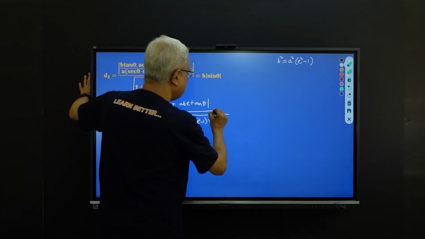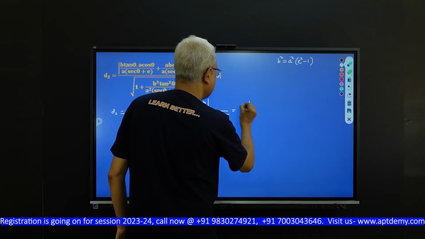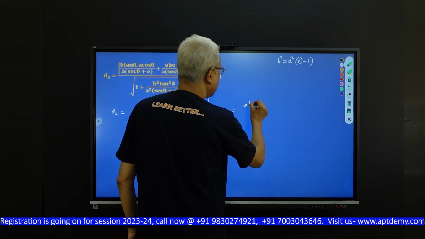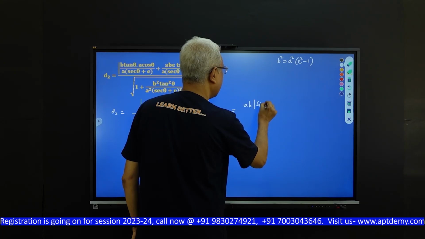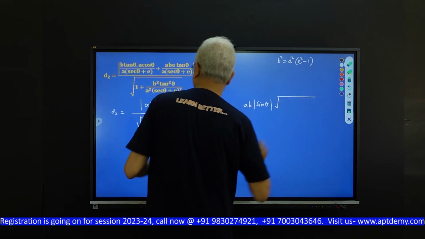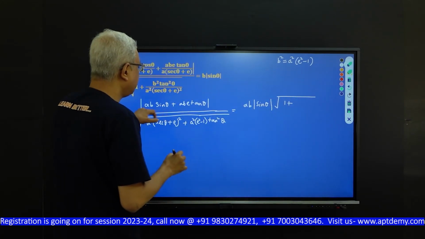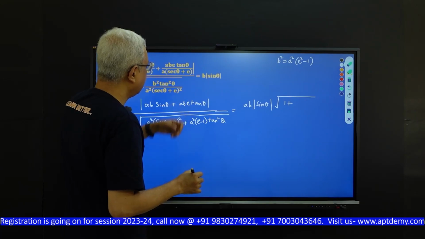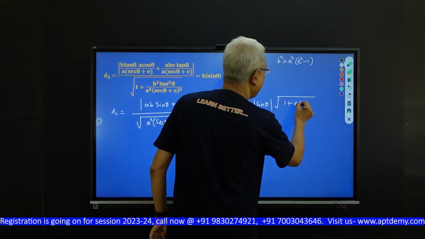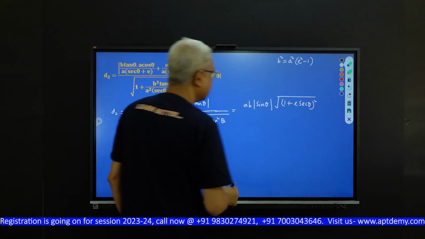So in the numerator, it is ab mod sin theta multiplied by the square root of 1 plus e sec theta whole square. I can write like this.